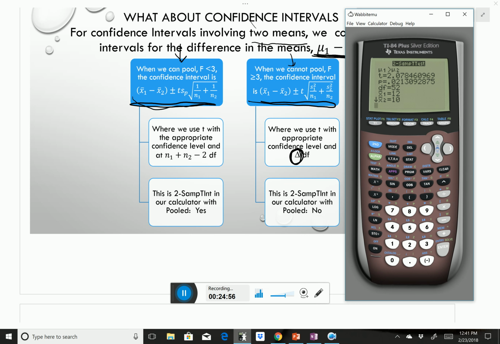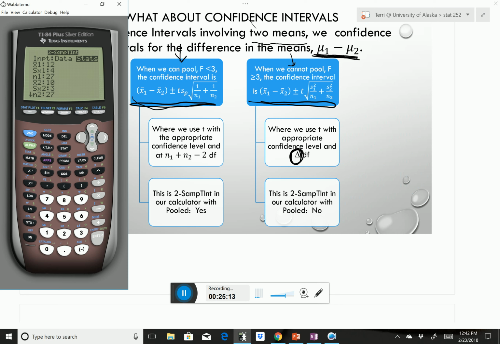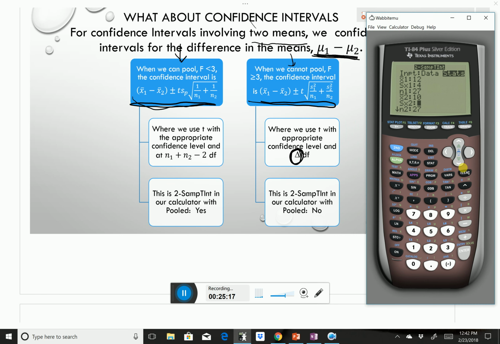What's very nice about your calculators is that when I go to stat, if I go down to 2-SampTInt, notice everything is in there still. Everything that I just did with the test is still in there.